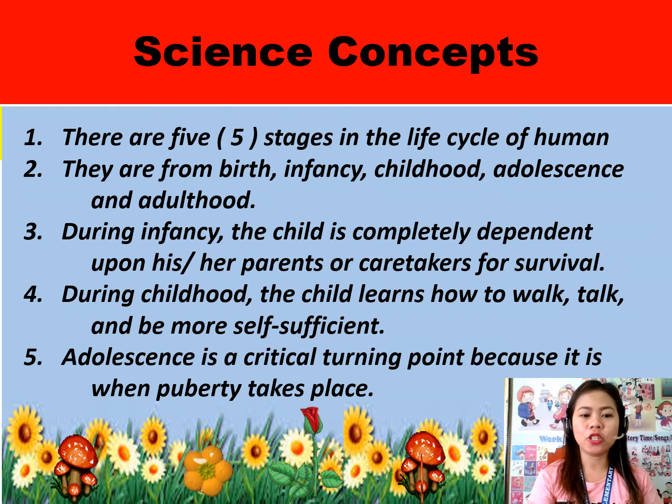The fourth, during childhood, the child learns how to walk, talk, and be more self-sufficient. And the last but not the least, adolescence is a critical turning point because it is when puberty takes place.